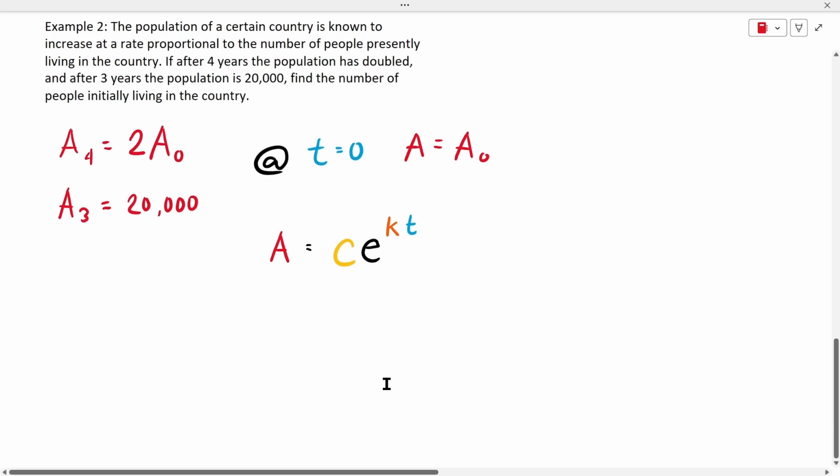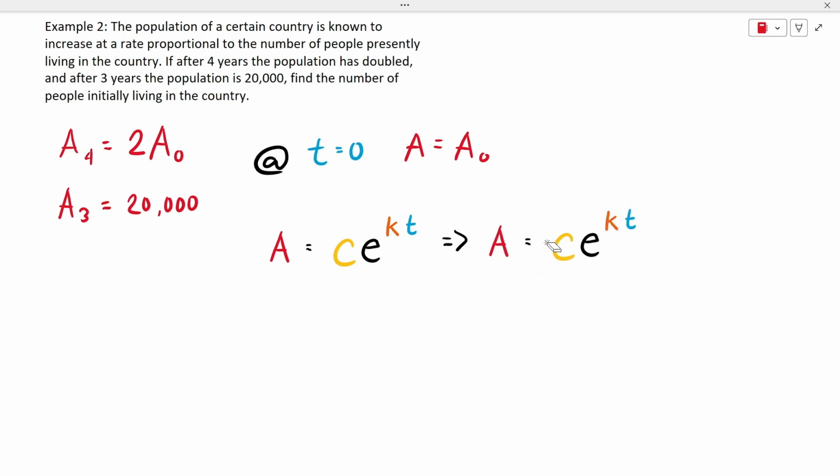This general solution will now become this one, because if we calculate these, our C is basically equal to A sub 0.